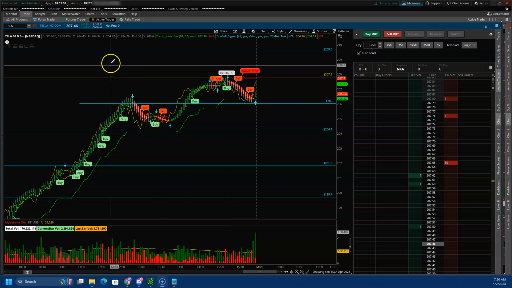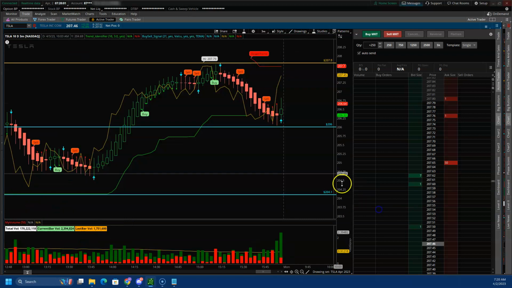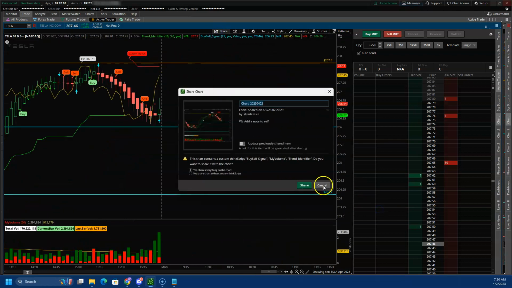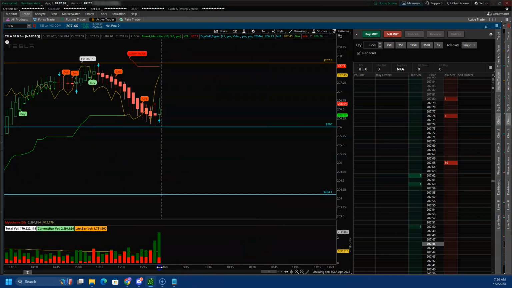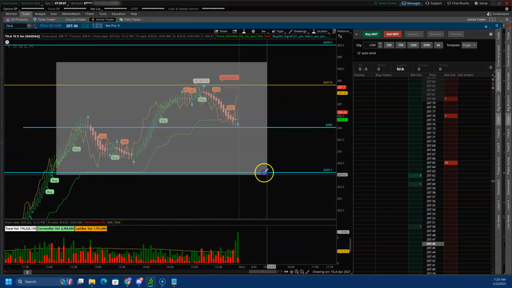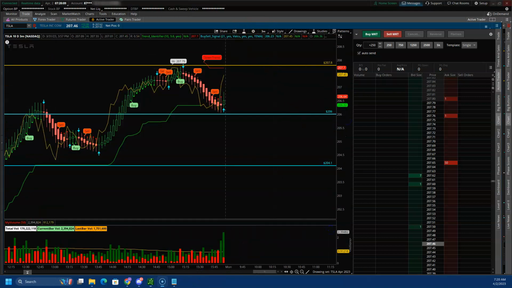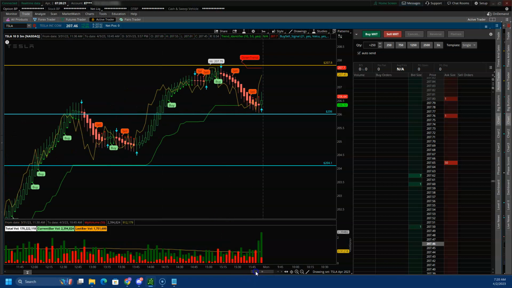So if I zoom it in like this, you can see when I zoom in, this is the actual price of this Tesla stock right now. These are Heikin-Ashi bars, right? So the way a buy signal gets printed is when the price pulls back, right?